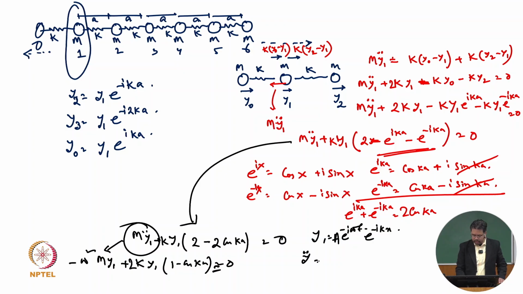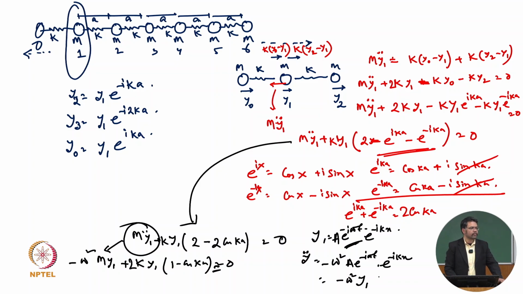So what will be the y double dot? That will be the derivative with respect to this term. So I will get minus omega square a into e to the power of minus i omega t into e to the power of minus i k x. So it will be nothing but minus omega square y. Okay, got that?